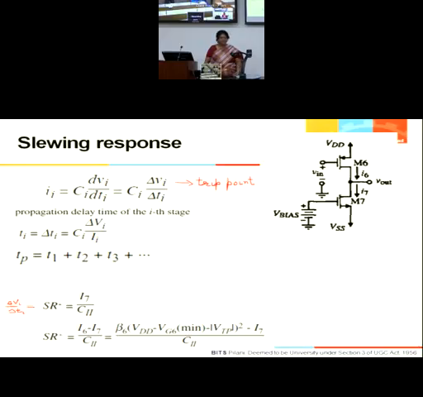So if slew rate is known to you, that is dV by dt, differential of voltage with respect to T, and if voltage swing is known to you, you can easily find out the T value. The time taken by the circuit to have a full swing, output node to have a complete swing, whichever swing you are taking, for minima to maxima or maxima to minima.